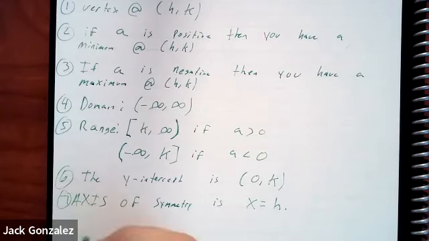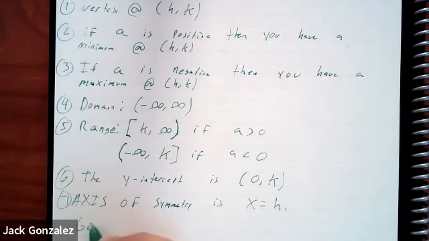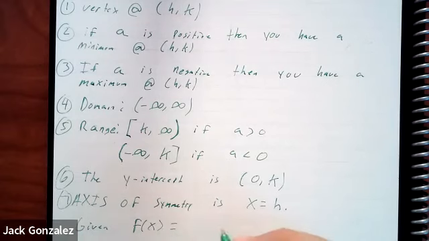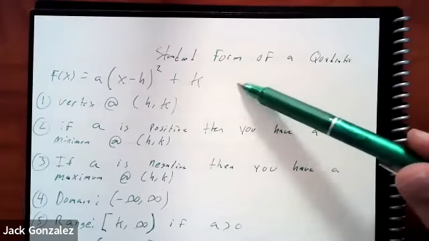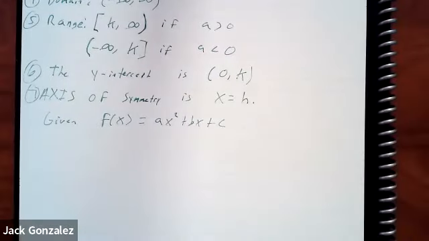Let's see here. One more formula here, or idea. Given a function equal to ax squared plus bx plus c. So let's say it's not in that special factored form. If it's not in this form, that means you can't just read off the vertex.